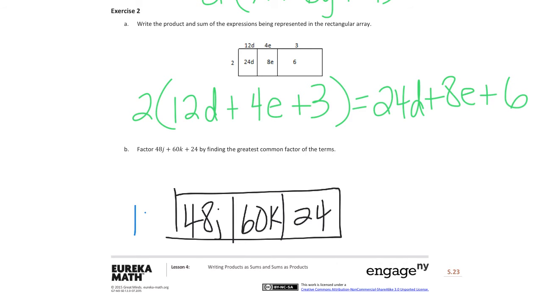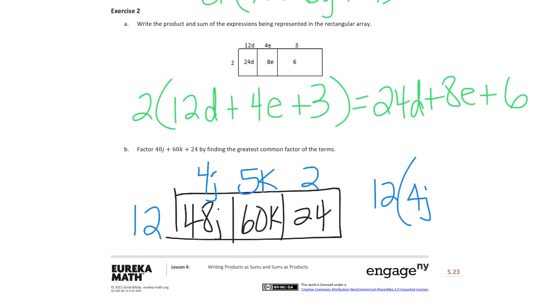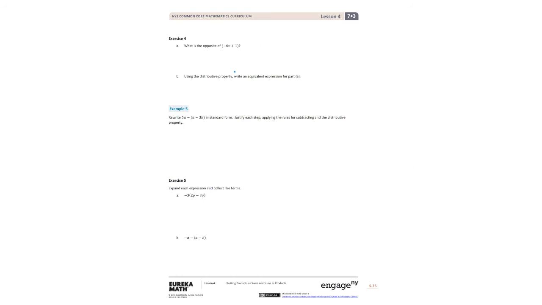So I use the 12. I get 4j and 5k. Whoops, I forgot my j there. And 2. So we end up with 12 times the sum of 4j plus 5k plus 2. Okay, on to the next page.